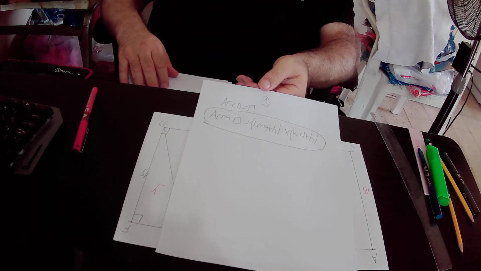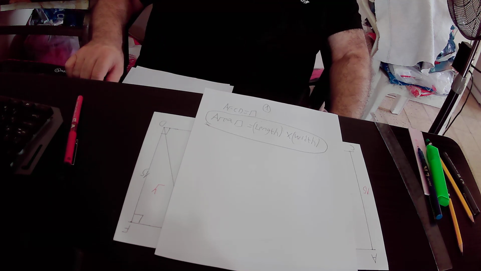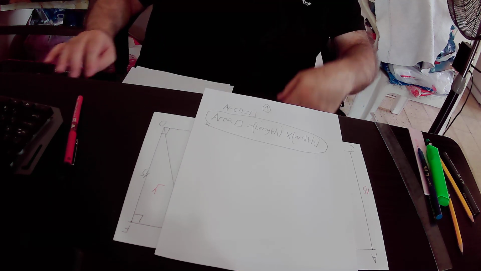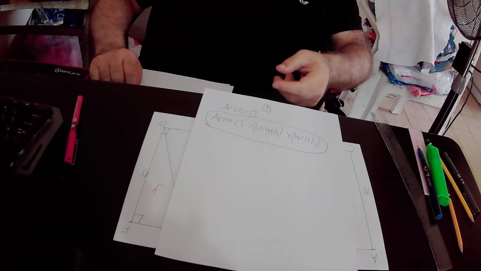Again, the formula for the area of any rectangle equals the length of the rectangle times the width of the rectangle.